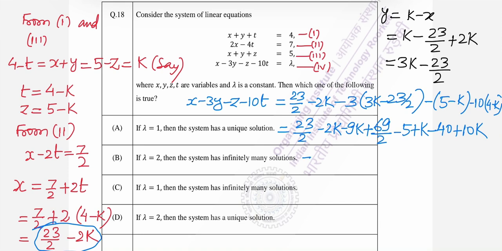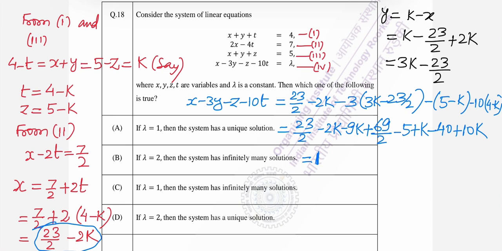Now the constants, I mean the terms without k, here is 23 by 2 and here is 69 by 2. If you add these two, this will be 92 by 2, and you know 92 by 2 is 46. In that 46 subtract minus 5, then it will be 41, and again subtract minus 40, then it will be 1.